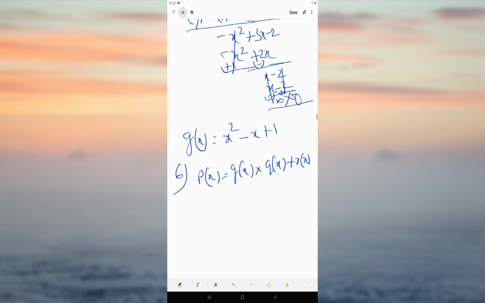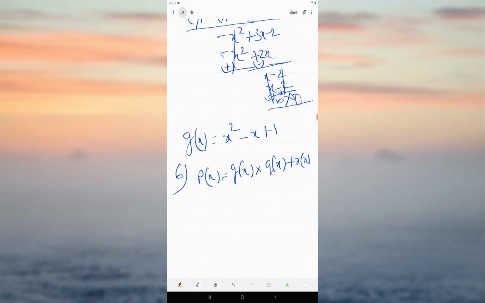So we have degree of p(x) equals degree of q(x), that means the degree should be the same. So this will happen only when we divide, suppose, a quadratic polynomial by some constant. In that case, the degree of the quotient will be equal to the degree of the dividend.